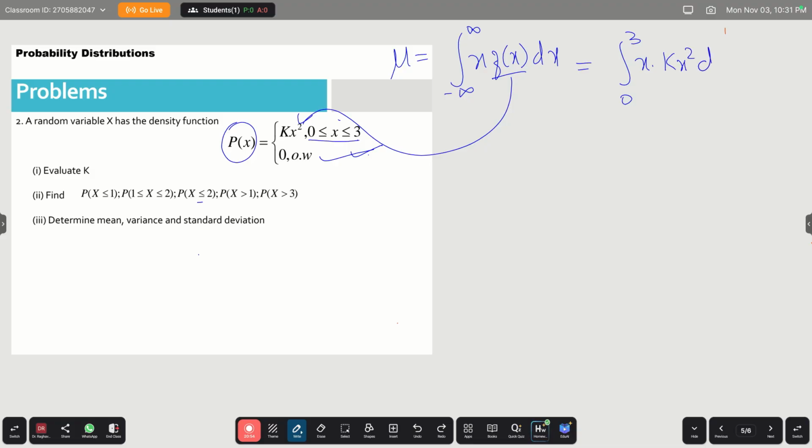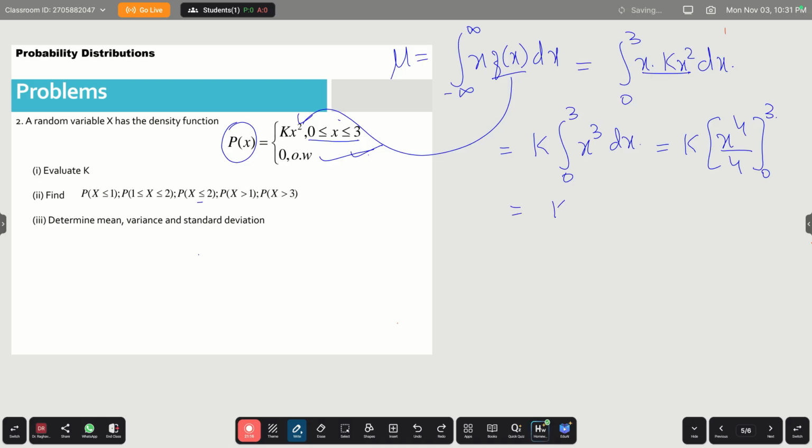So, kx square dx. k can be taken outside as a constant, and x into x square is x cube dx. And we have to integrate this. Very simple. The integration of x cube is x power 4 by 4 from 0 to 3.